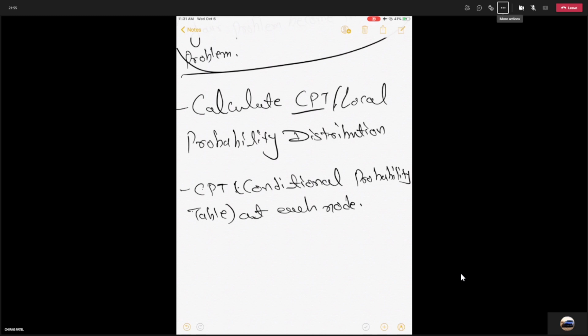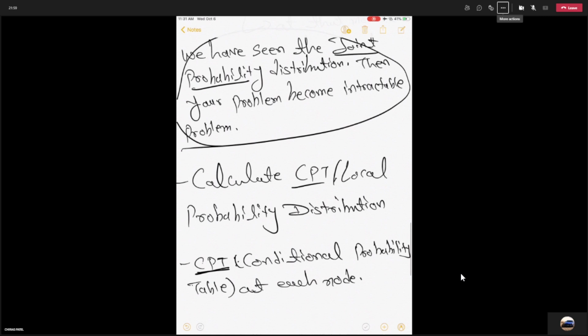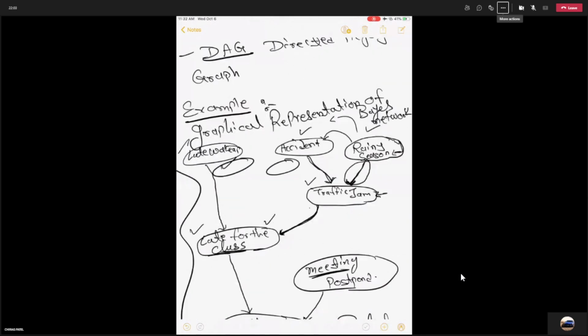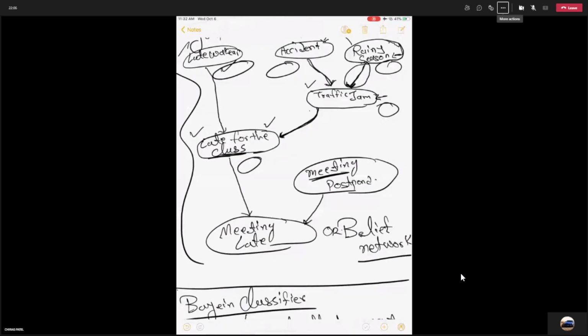Okay, we need to calculate a conditional probability table for each node. Means here we calculate here, here, here. All these values we need to calculate, right?